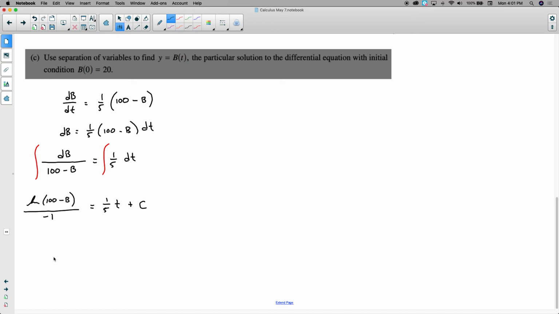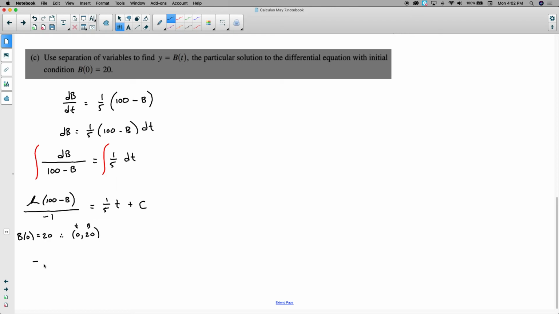But now we need to go find c. So we have this initial condition that b of 0 is 20. Therefore, we have this point. You put in 0 for t, and you get out 20 for b. At time 0, the bird's weight was 20. Okay, so let's do that.